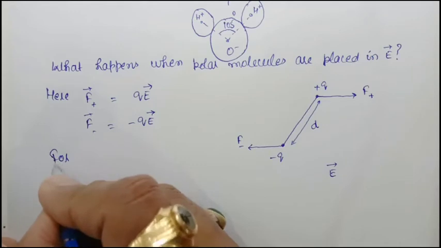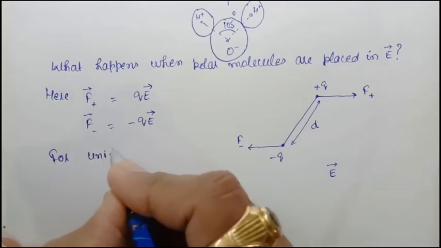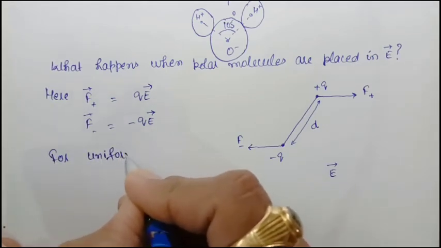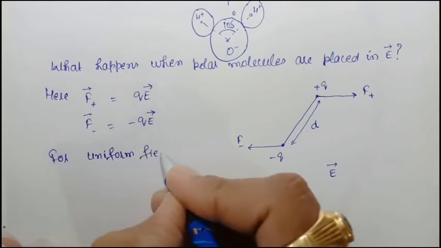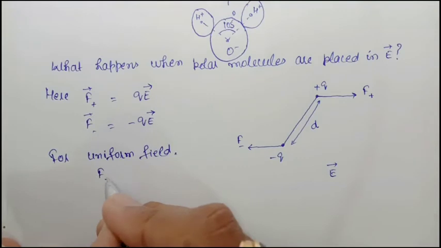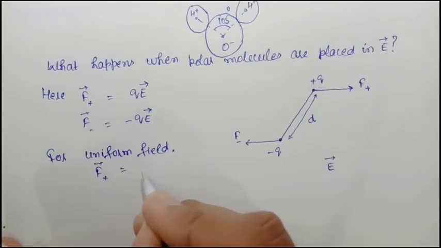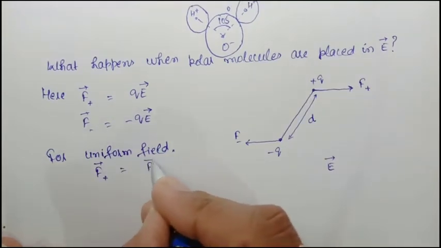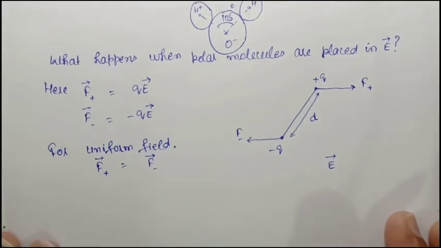If the field is uniform, F positive is equal to F negative.